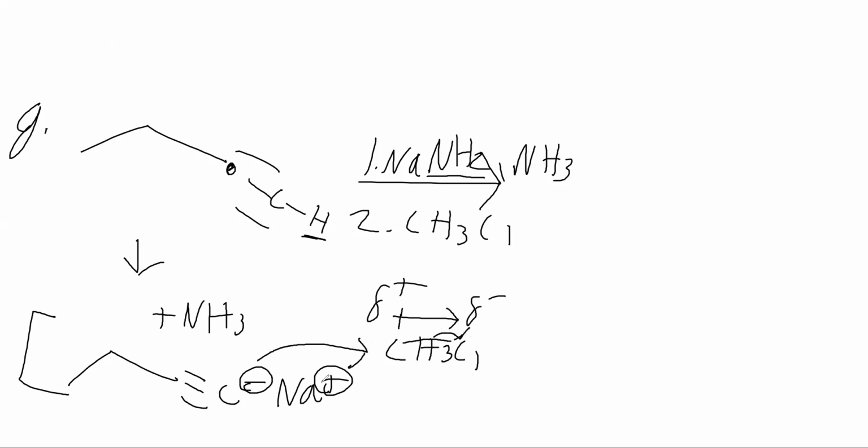And I don't think you have to know this mechanism, but if you were confused as to why these steps lead to the product that forms, this is just a way that you can draw it to show your work and explain to yourself why it is what it is.